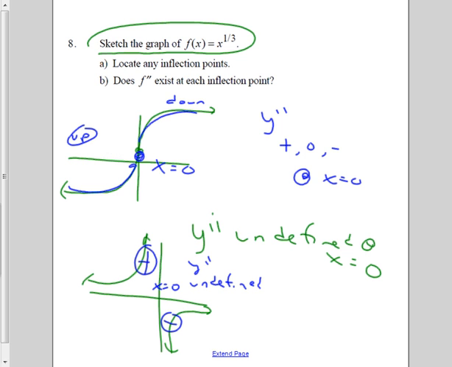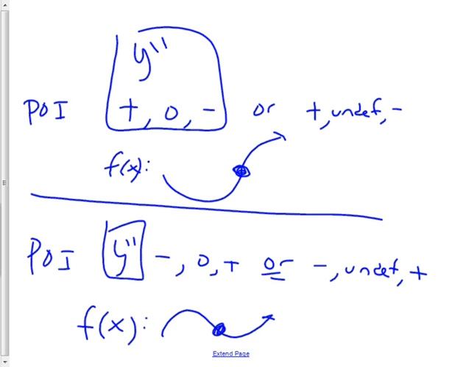So the key thing here is that points of inflection occur when the second derivative is 0 or undefined, provided that it changes sign, provided that it either goes from positive to negative or the converse.